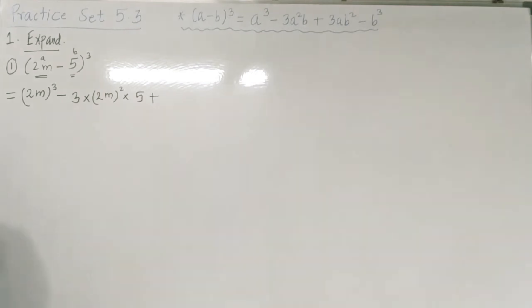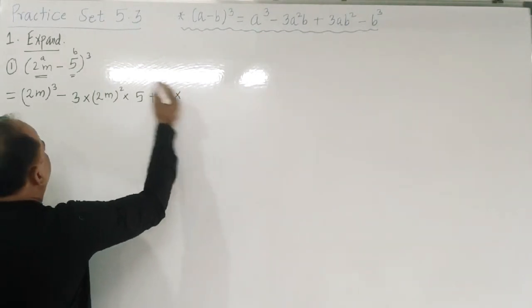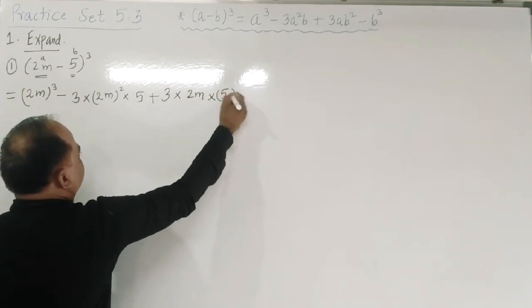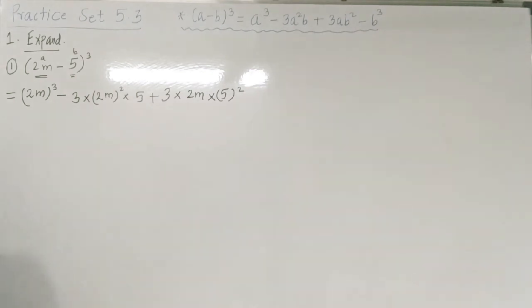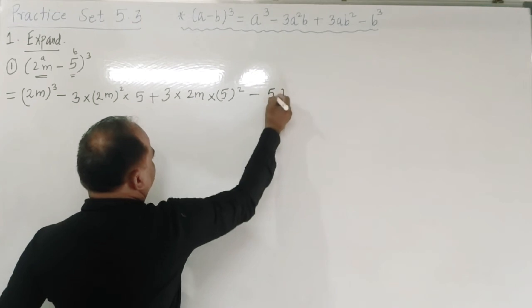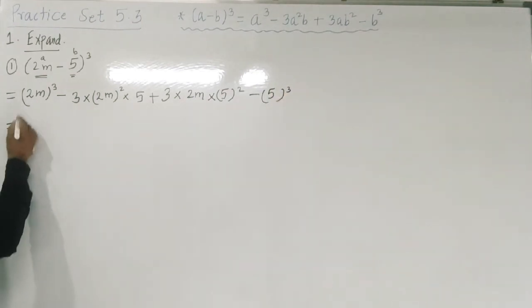Third term is positive, so 3 times again 2m into 5 square, b square, that is 5 square, minus 5 bracket cube.